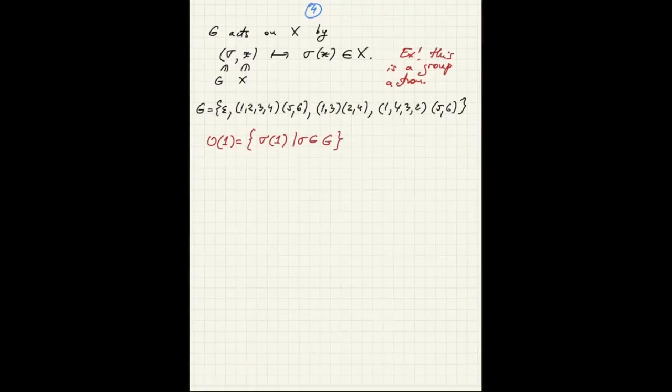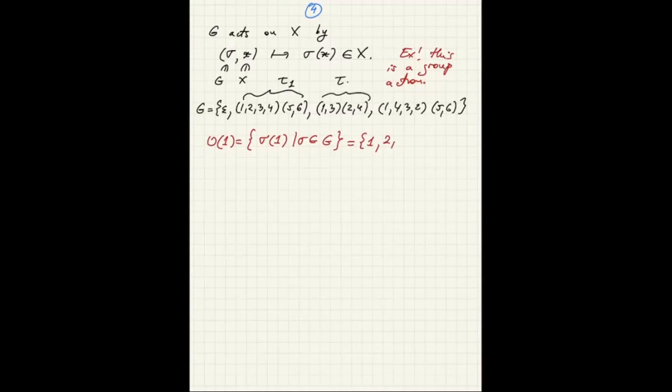Our group, because of the properties of these permutations that we listed on the previous page, consists of these 4 permutations. The identity leaves 1 unchanged, so 1 lives there. Now, the first permutation, tau 1, maps 1 to the element 2, so we add 2.